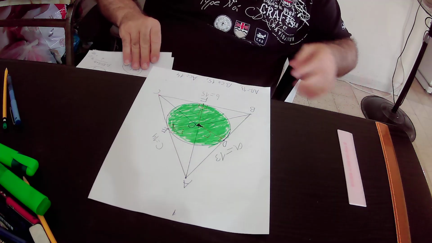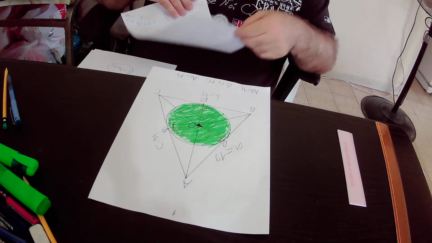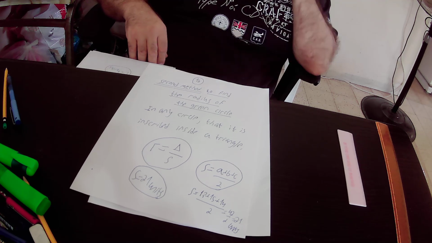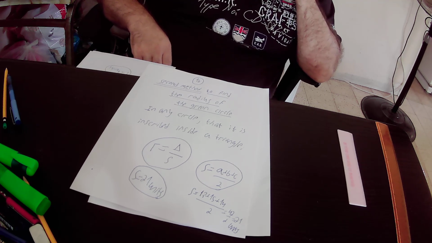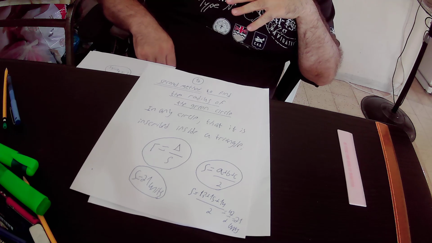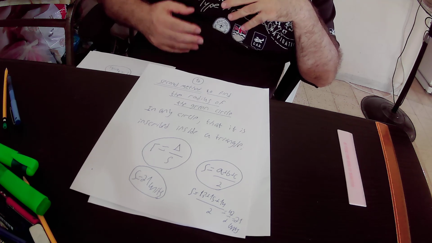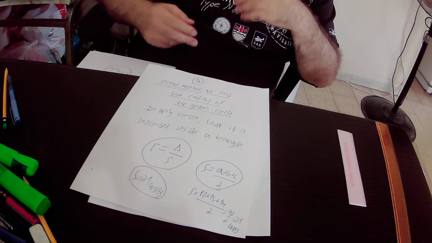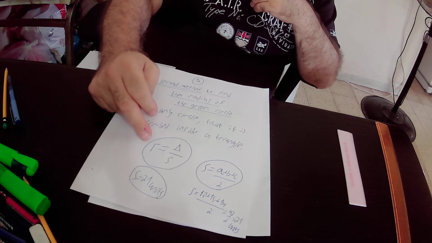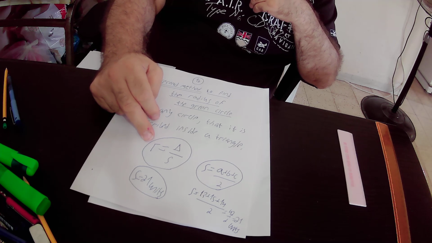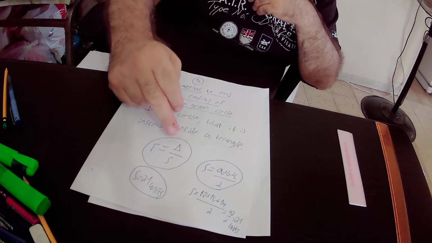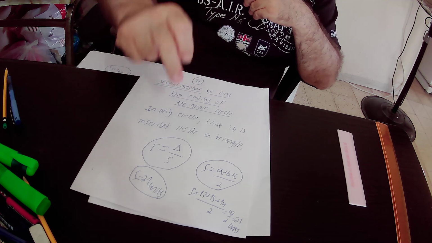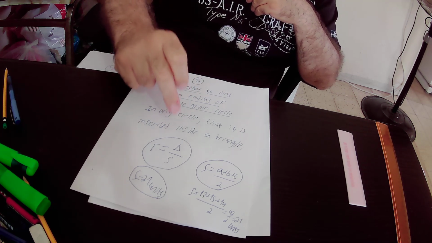Okay, then I presented to you a second method to find out the radius of the green circle. According to this method, we know that in any circle that is inscribed inside a triangle, the following formula is true: the radius of that circle equals the area of the triangle that contains that circle over the semi-perimeter of the triangle.